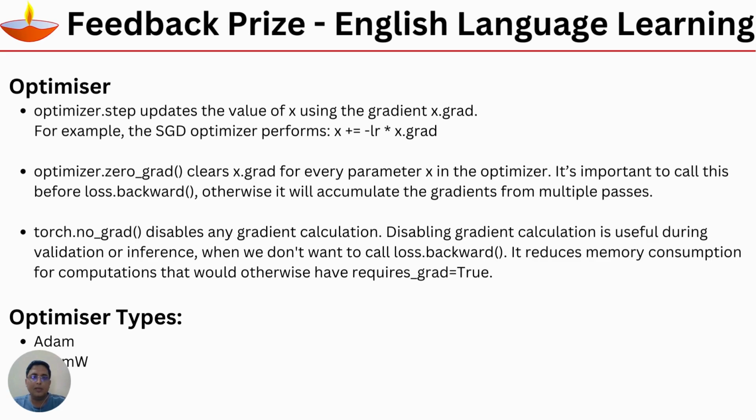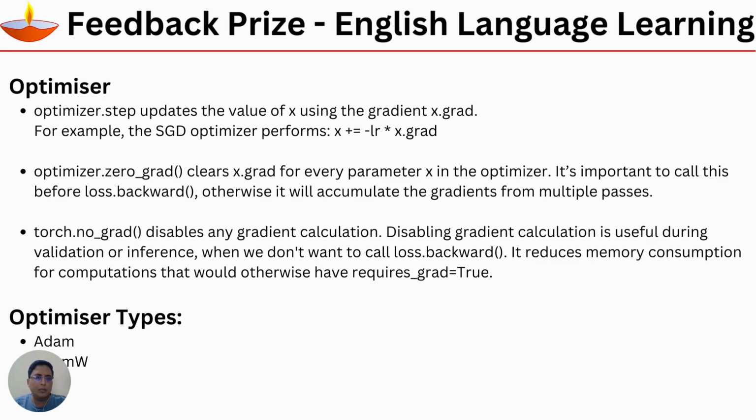So it's updating the weight of x. This is the updated value that we got, using the gradients x.grad and also the updated value of the LR, which we will understand in the next slide.